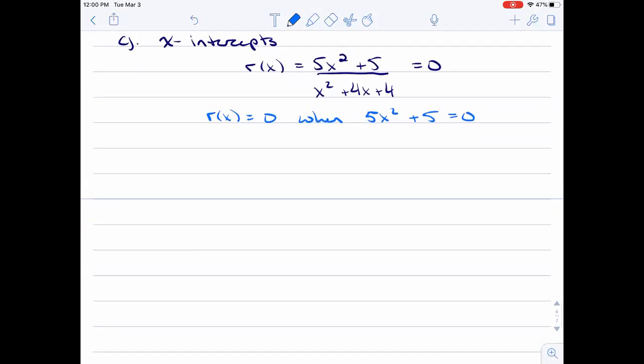In fact, maybe just as a go-to, you can solve this by moving the 5 over, dividing by 5, then you've got x squared is negative 1, and then take the square root, which puts you at plus or minus the square root of 1, pulling out the negative, which is cheating.